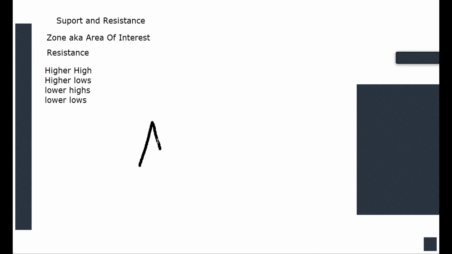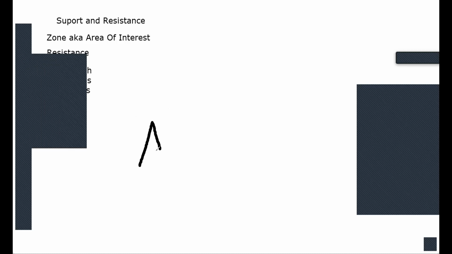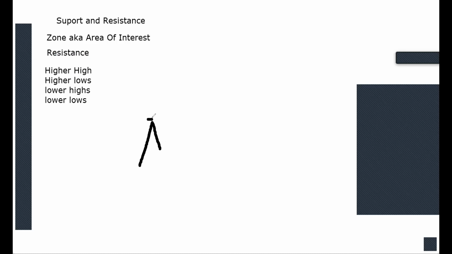Now, when it came down to this area right here, this area is above this area. So this would be called a higher low. So you have the higher high right here, and you have the higher low right here.